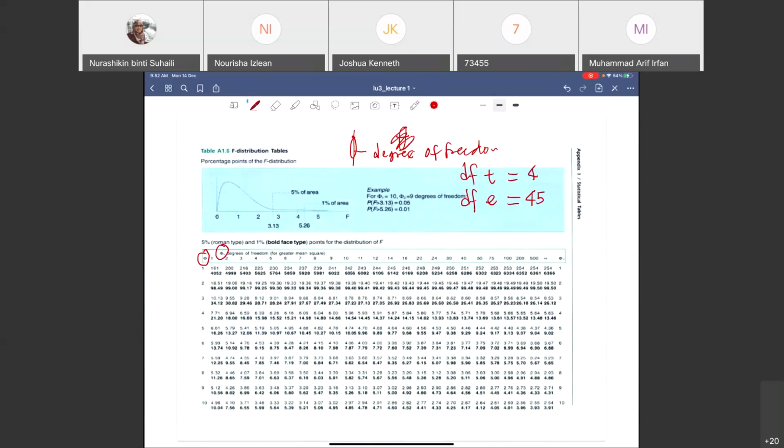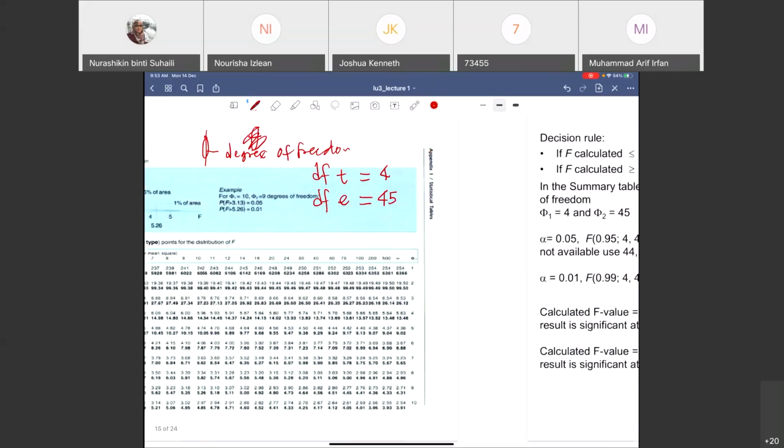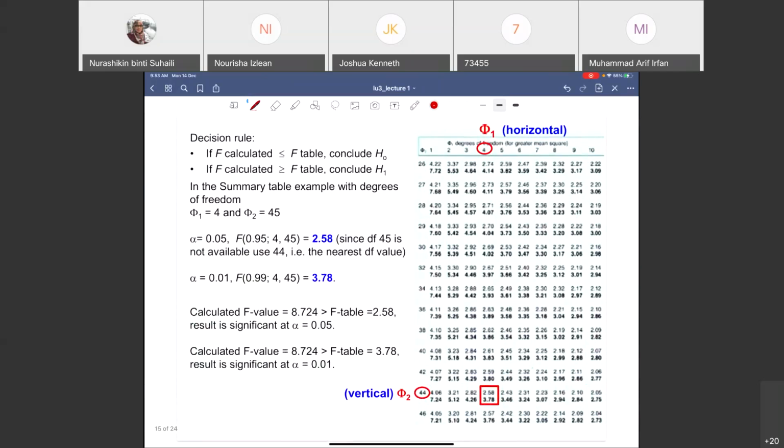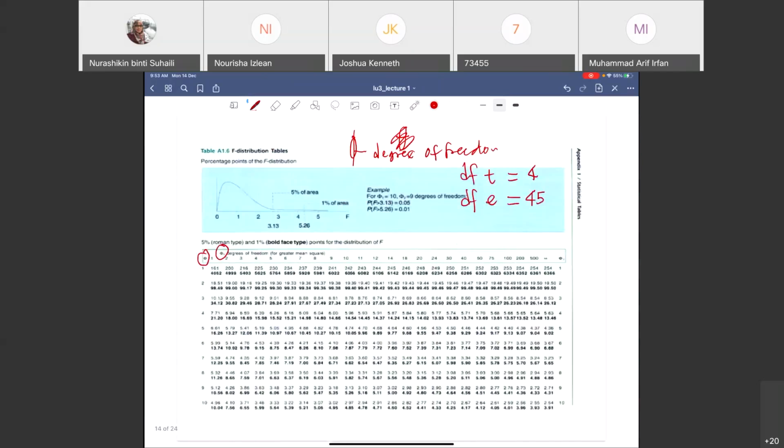So how are you going to find the value of F from the table, by knowing these two values? If you have a look, the first column is the DF, and the second one is the degree of freedom. You have to find 4, which is on the horizontal part.